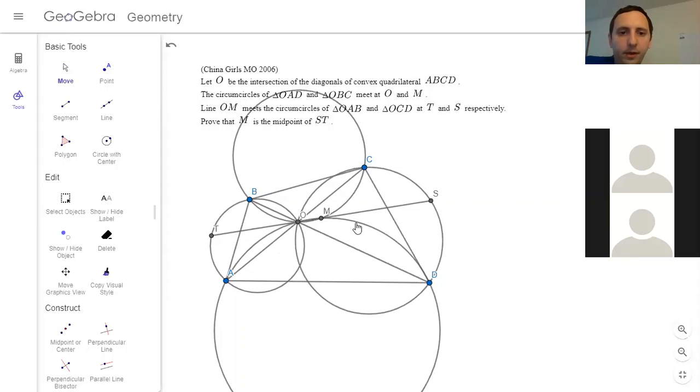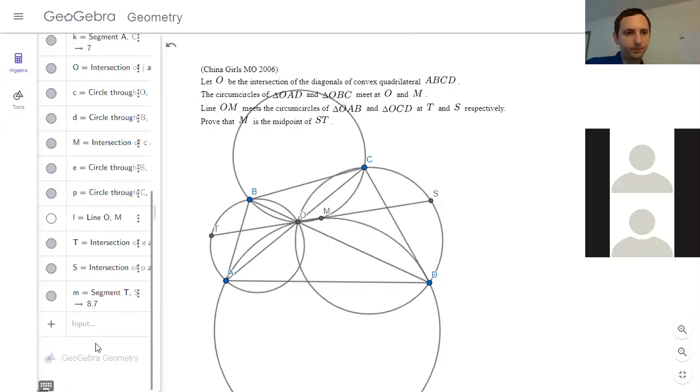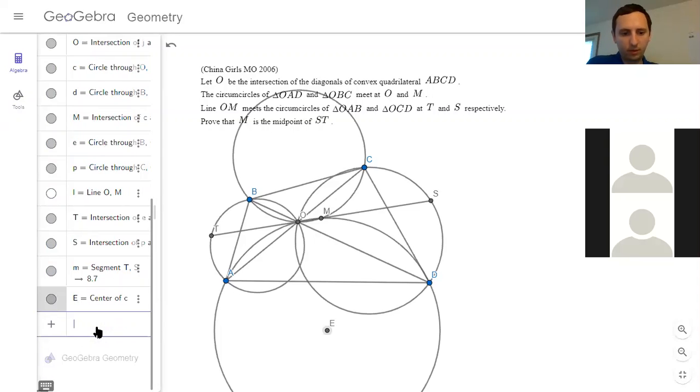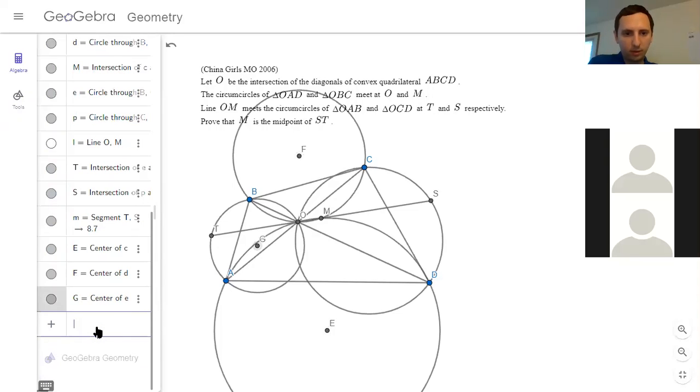Maybe we could use Casey's theorem. So let me draw the centers of all four circles. There we go.